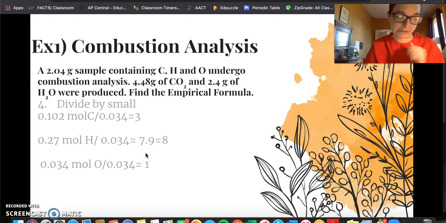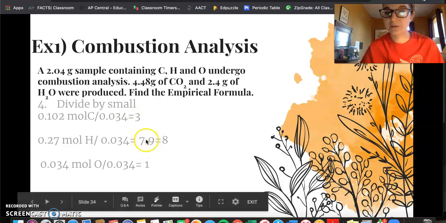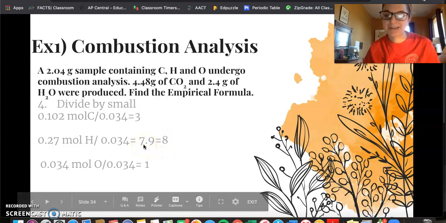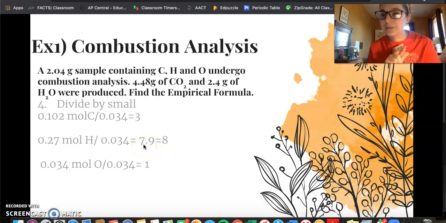If you get something else, like if you were to get, say, 1.33, that's not close enough to round down to 1 or up to 2, so you would actually have to multiply everything by 3 in order to get whole numbers. So if you don't get a whole number here, that's when we would multiply till whole. So those multiplication factors, for like 0.33, it would be multiply by 3.